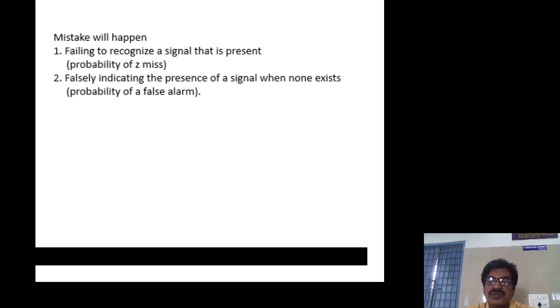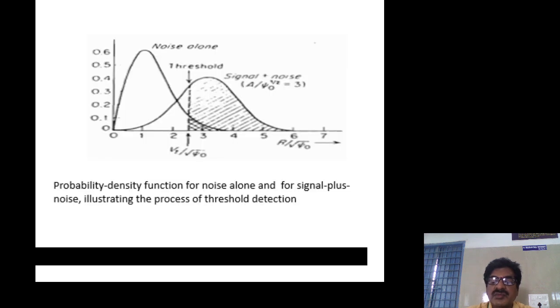But how to choose this threshold level? Let us observe the probability density functions of noise alone and signal plus noise. This is a diagram showing two graphs. This is the graph of the probability density function of noise alone, and this graph is the probability density of signal plus noise.